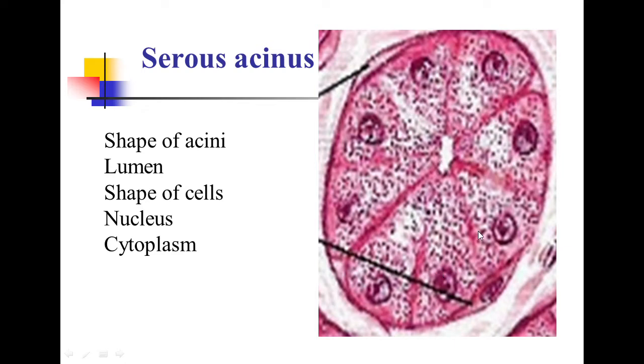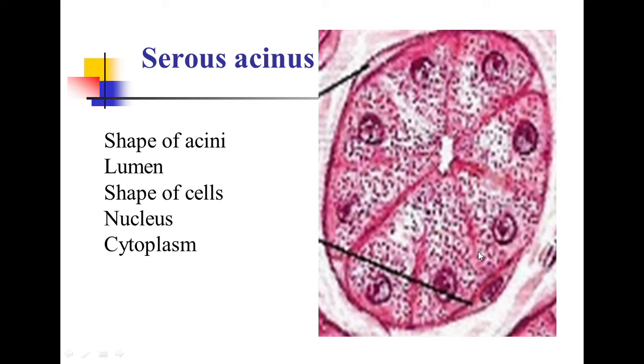Then this acinus contains cells and these cells are pyramidal in shape. Okay, so the acinus is rounded in shape and this acinus contains cells and these cells are pyramidal in shape, and each cell has a rounded nucleus which is centrally placed.